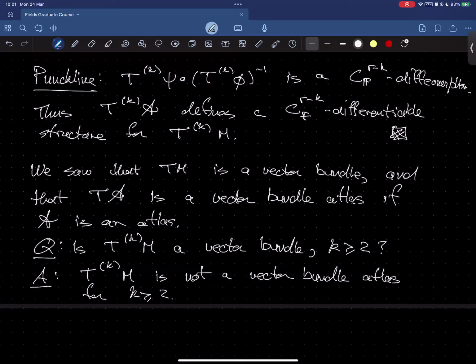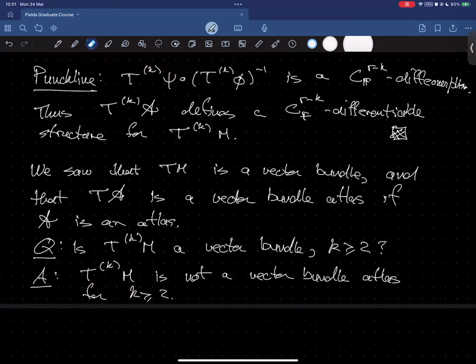Okay, so that's the answer to the question, is this a vector bundle? Actually, you can put a vector bundle structure on it, but it's not that vector bundle structure. It doesn't have a canonical vector bundle structure.